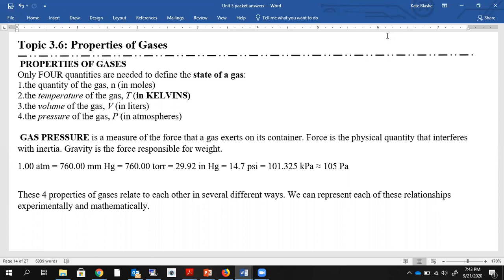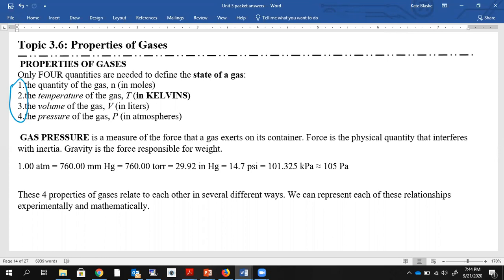So 4 things that we can measure about a gas, and these are pretty specific to gases: quantity of gas in moles, the temperature of the gas, which is always going to be in Kelvin, the volume of the gas in liters, and the pressure of the gas in atmospheres.